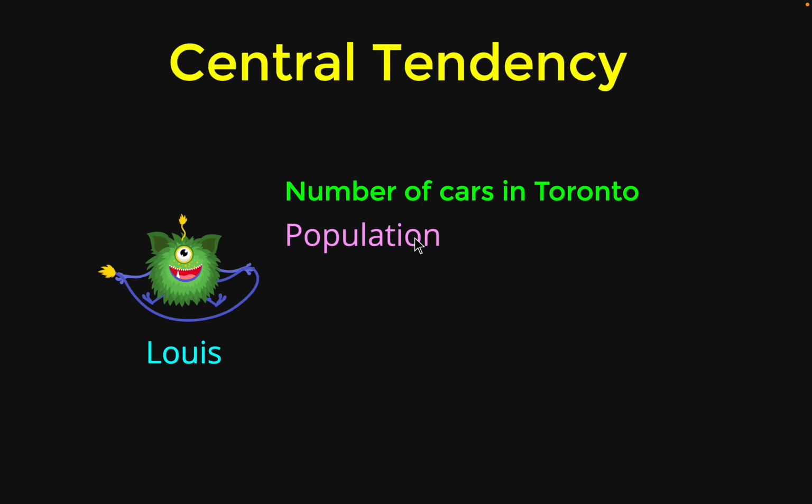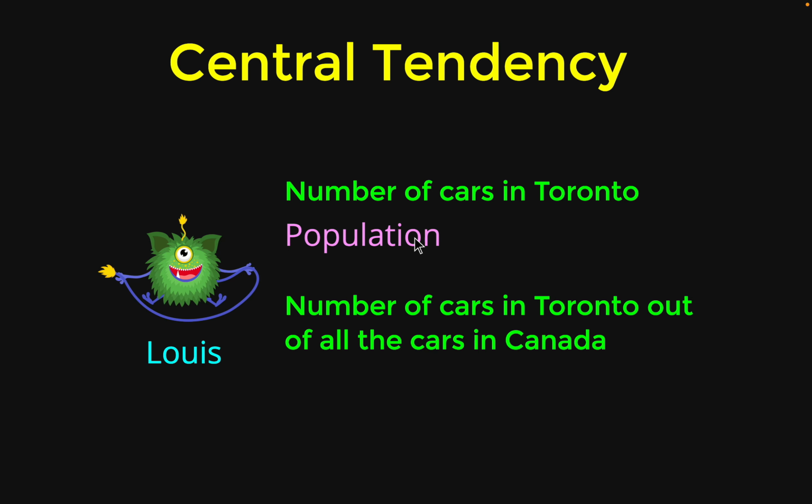Now let us see next what's going to happen. So next, Louis wants to count the number of cars in Toronto, but this time the data is different. Louis wants to count the number of cars in Toronto out of all of the cars in Canada. So this time the number of cars in Toronto becomes your sample data.